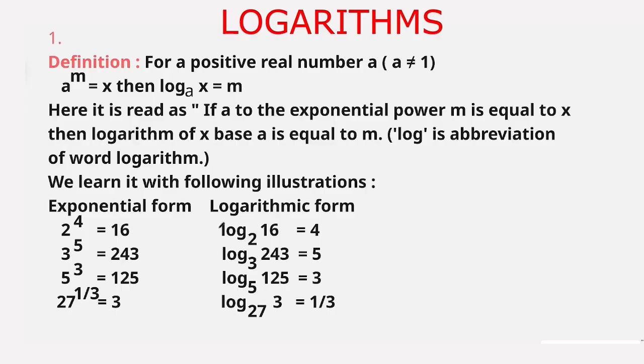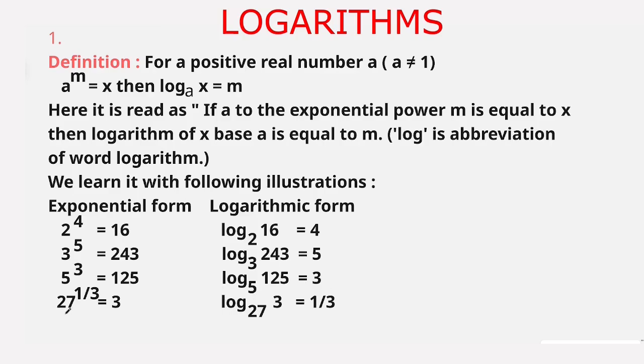Then its logarithmic form is log 243 base 3 equal to 5. Exponential form, 5 to the power 3 equal to 125. Then logarithmic form, log 125 base 5 equal to 3.